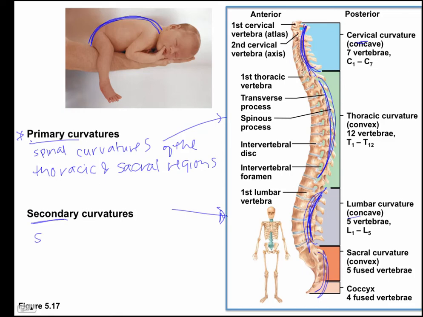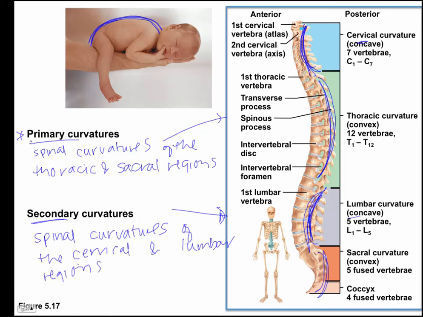So because these are curvatures that develop as that baby develops, these are considered secondary curvatures. So spinal curvatures of the cervical and lumbar regions. And once again, these develop after birth. And this is what we see as an S shape in adults.